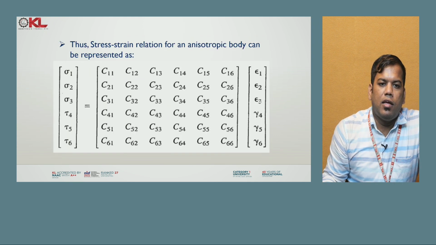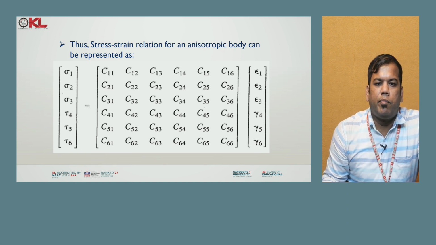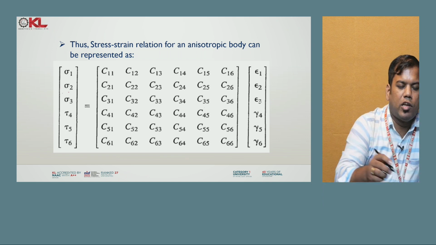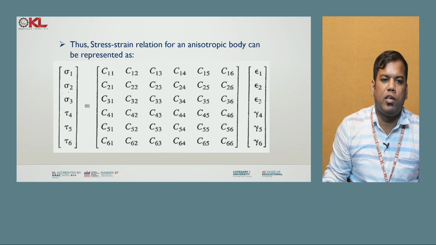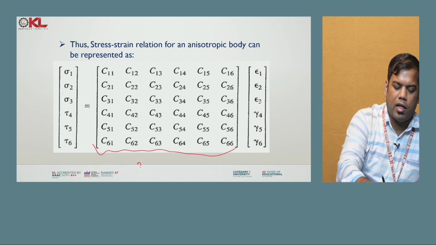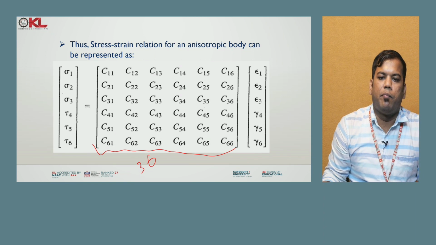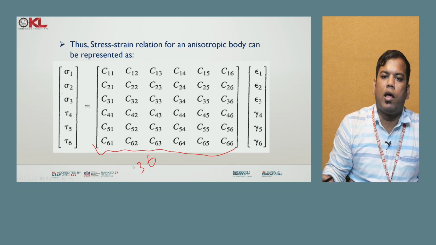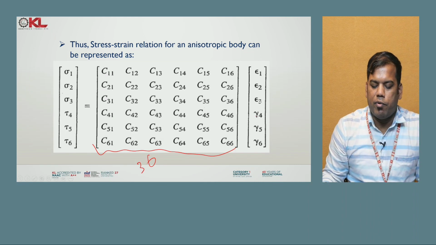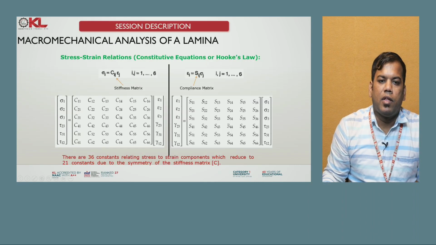Now generally this is the stress strain relation for an anisotropic material. Sigma 1, sigma 2, sigma 3, tau 4, tau 5, tau 6 can be represented as the stiffness matrix, that is a 6 by 6 matrix, into epsilon 1, epsilon 2, epsilon 3, gamma 4, gamma 5, gamma 6. This is micromechanical analysis.